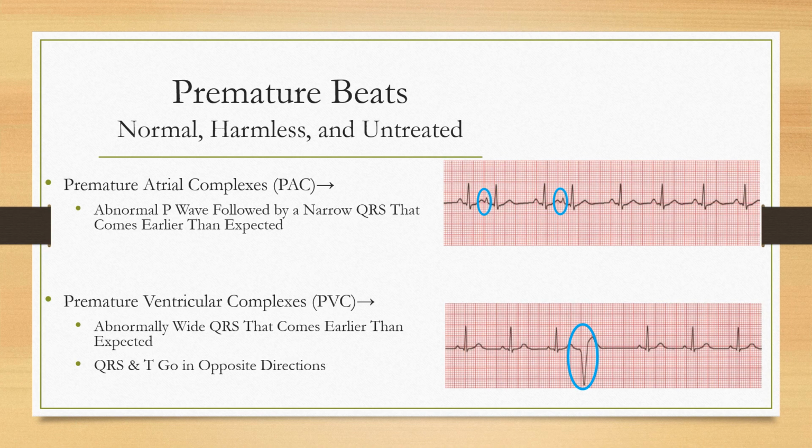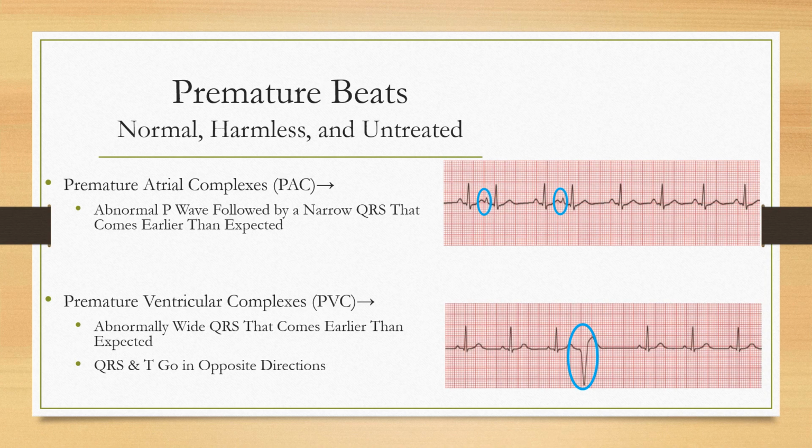Okay? Okay, let's look at the one on the bottom, a premature ventricular complex. So people can get premature ventricular complexes where the actual rhythm here is normal sinus rhythm. Okay, so let's look at the rhythm. So there's a P, QRS, P, QRS, P, QRS, and then this wide, abnormal looking beat. That's a beat that's come from the ventricle itself. Okay, so the ventricle said, you know what?